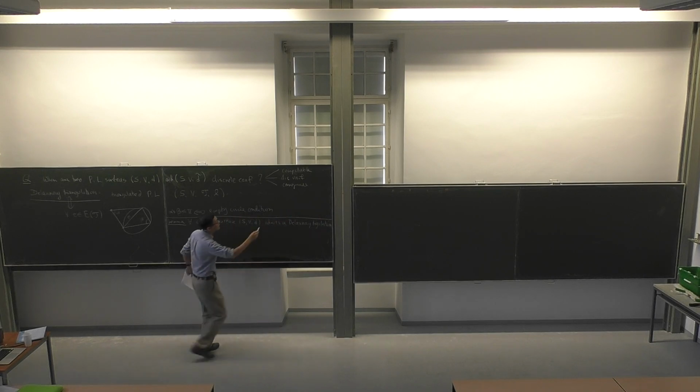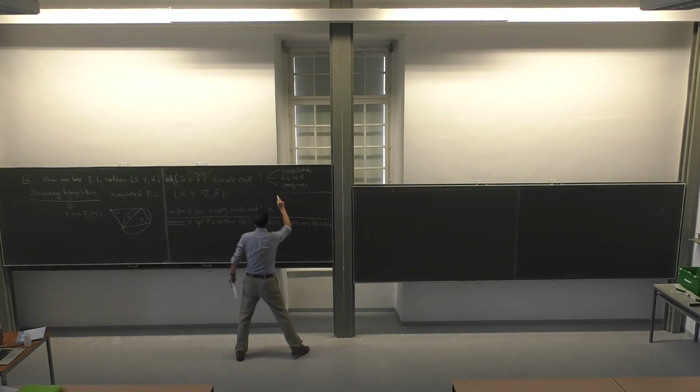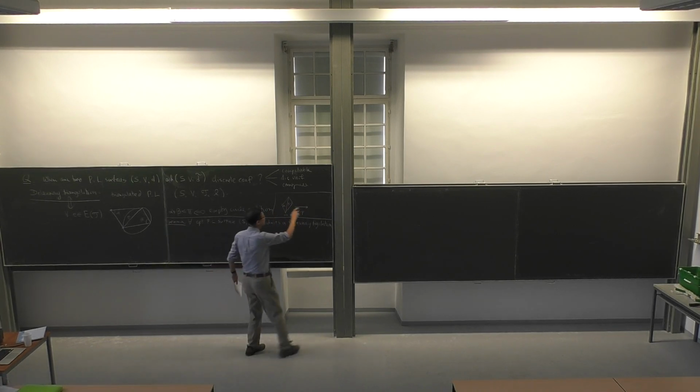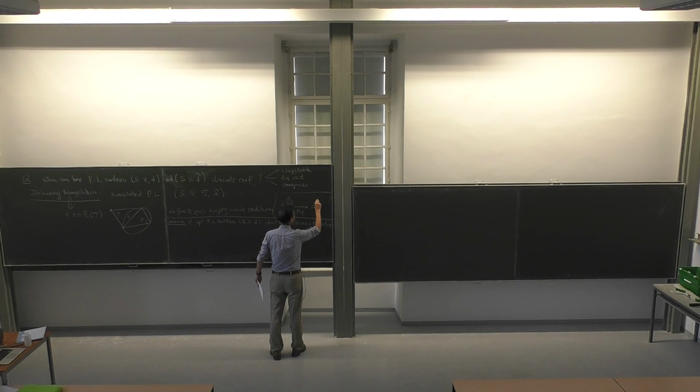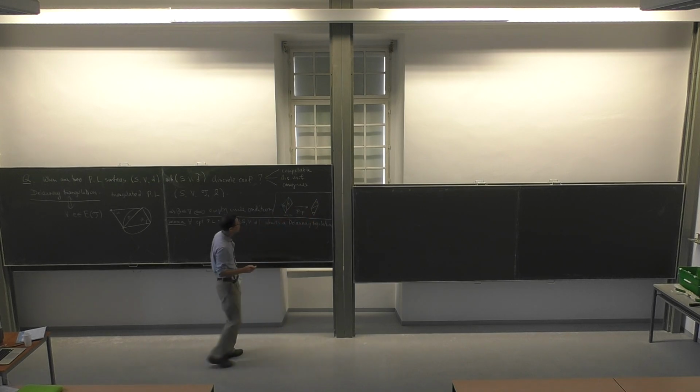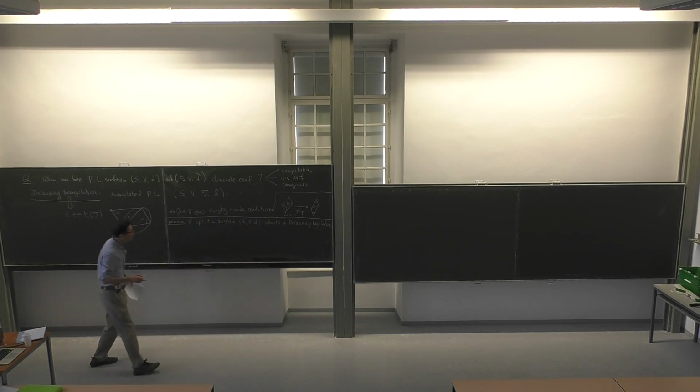The proof is extremely naive. If you have an edge which violates Delaunay, alpha plus beta greater than pi, you flip it. You replace this edge by the edge joining the other two vertices, and then the sum of these two angles is going to be less than pi, because the sum of the four angles is 2 pi.